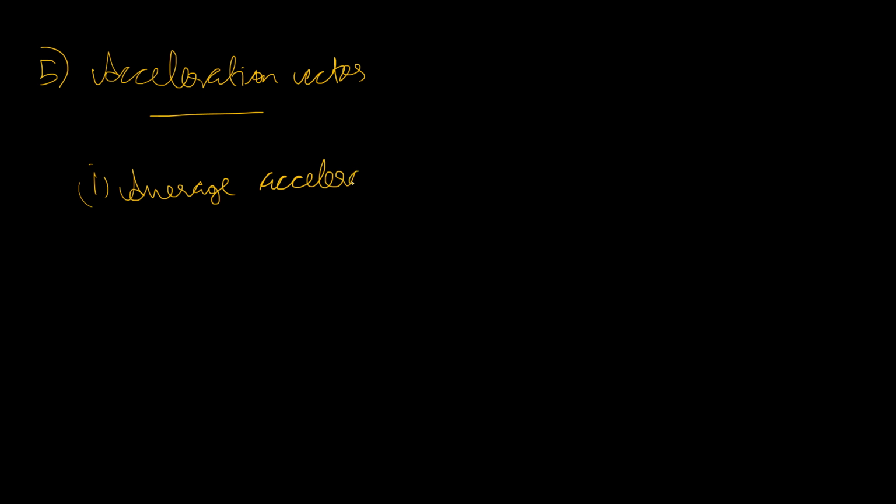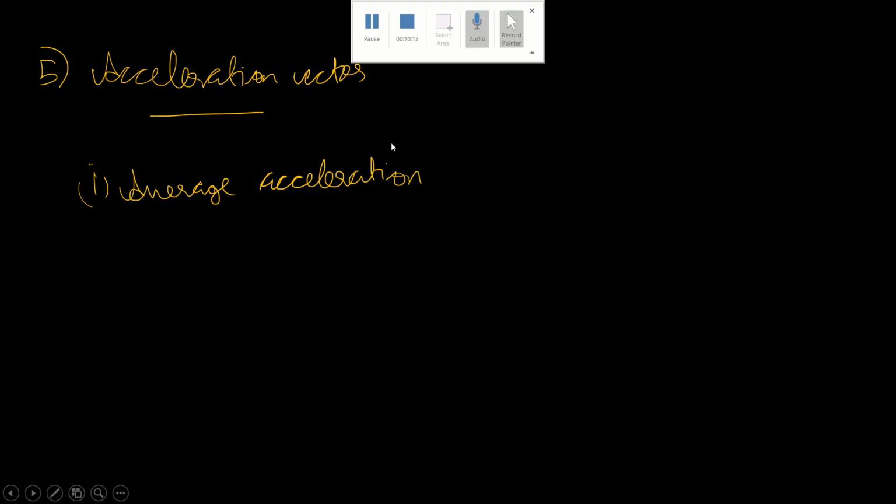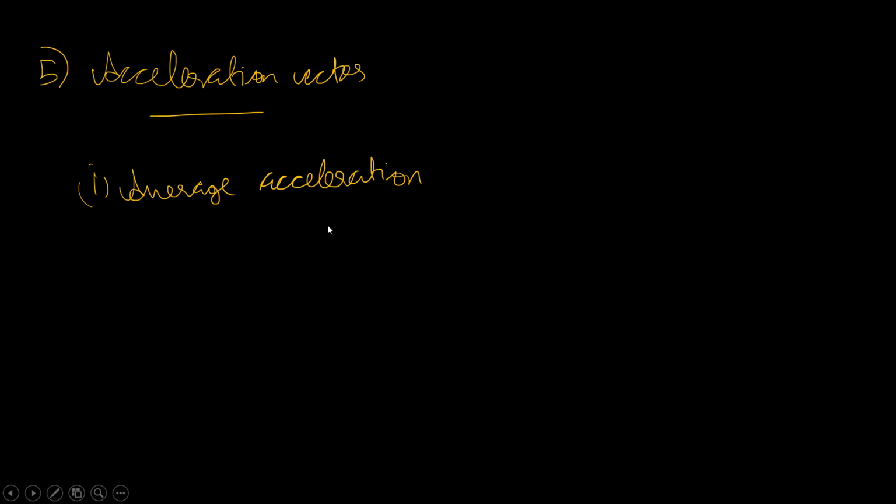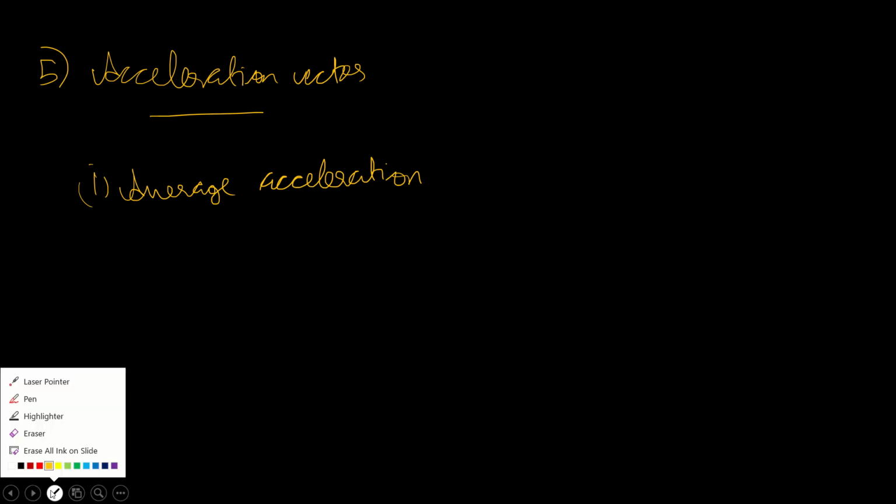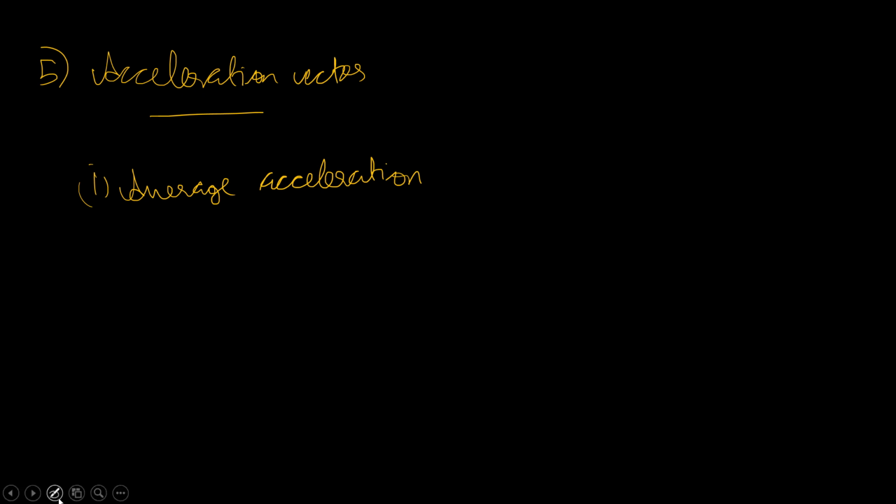Average acceleration is defined as the change in velocity delta v divided by the corresponding time interval delta t.